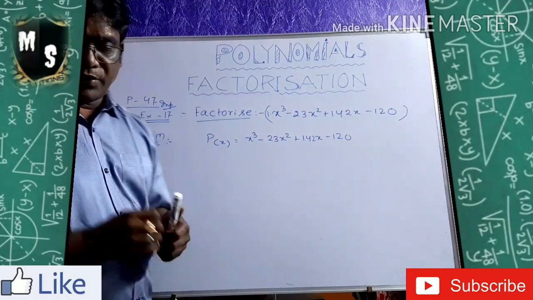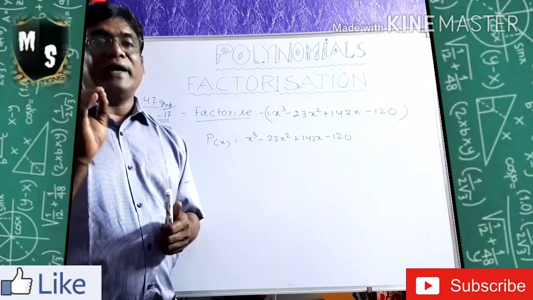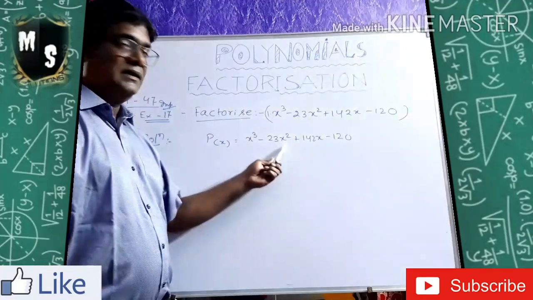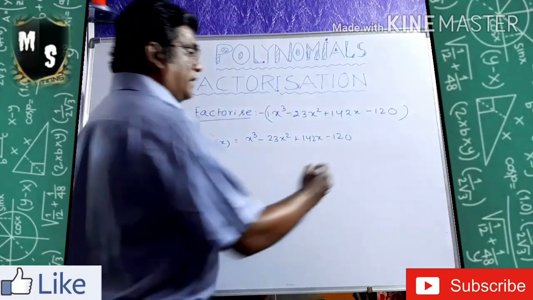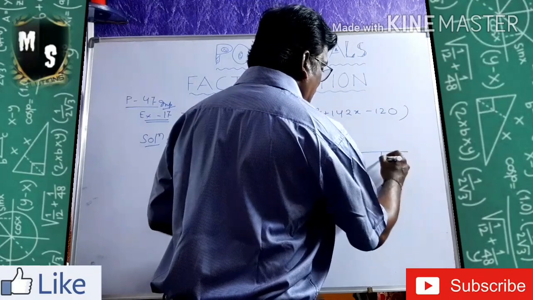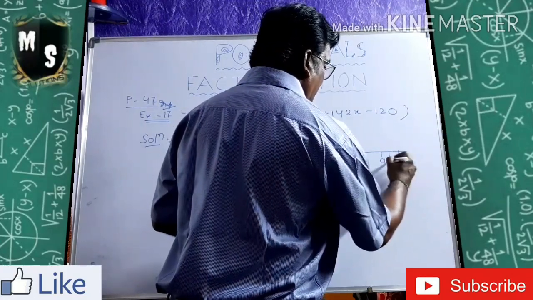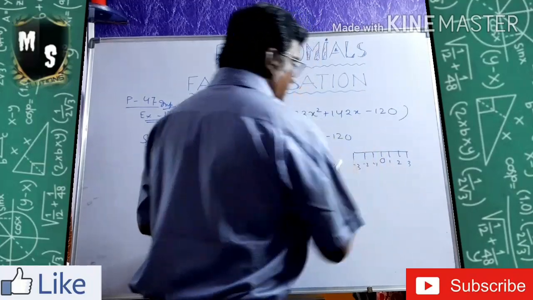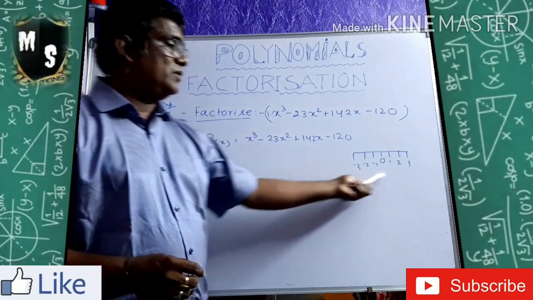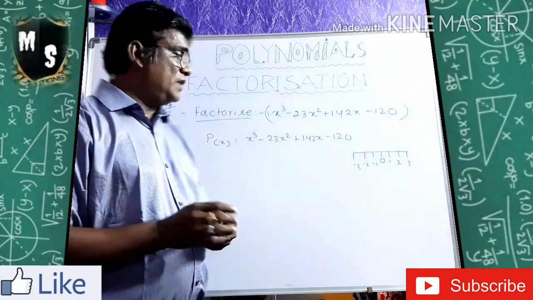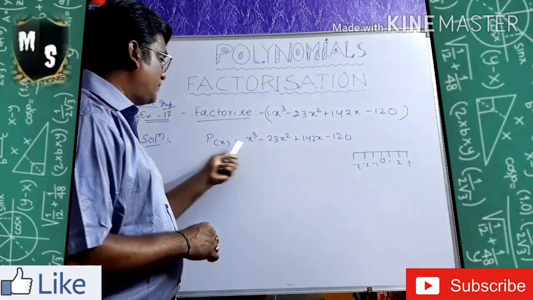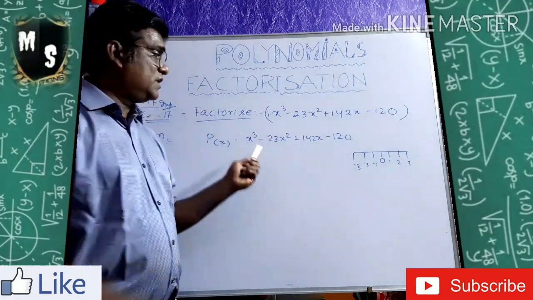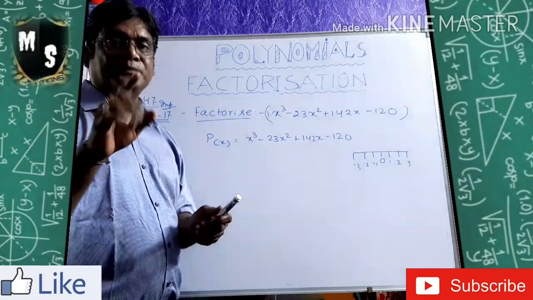Now you have to try some values for x. Try some values with the number line: 0, 1, 2, 3 and minus 1, minus 2, minus 3. Like this you go for some values of x.